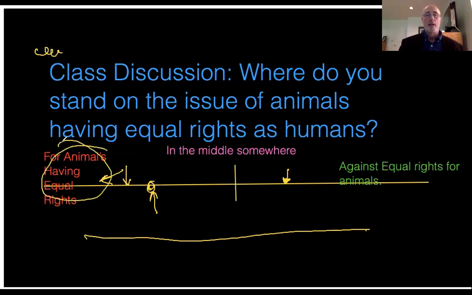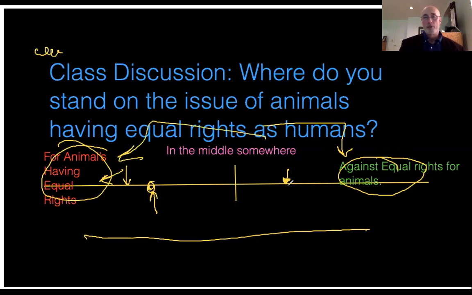If I'm an animal rights activist, I can argue all the reasons for my side, and that's pretty easy to do. I can rebut the other side, because it's very clearly over here and I know what I disagree with. Vice versa, if you are a meat eater who loves your meat and you're not willing to give it up, then you know where you're at, you know what side you're against, and you know what you object to over here.